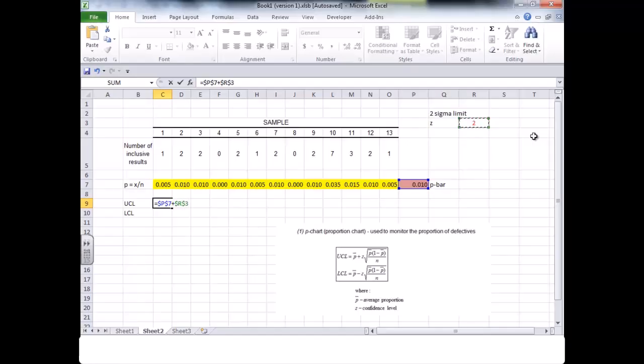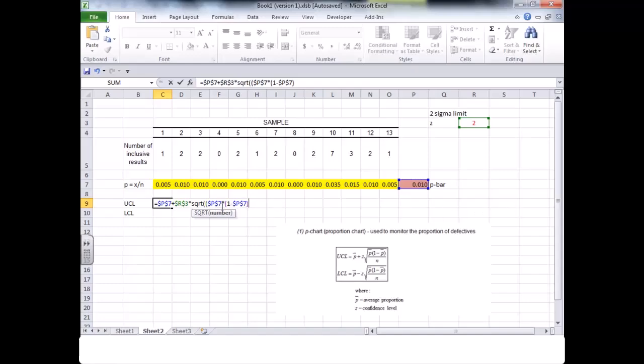Press the F4 key. Times the square root of the entire P bar times 1 minus P bar, divided by N. Excel's function is SQRT for square root. The square root of, and be careful with your parentheses here, because what we want to do is multiply P bar, which is this, again F4, times, open parenthesis, 1 minus P bar, F4.